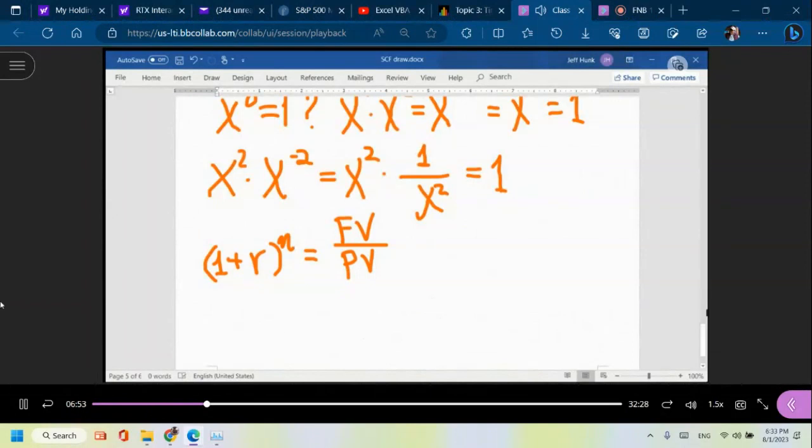Now remember, to lose this exponent, it's x raised to n. To make it 1, what do you need to do? You will need to raise it to 1 over n, taking the nth radical, which means we are going to raise it to 1 over n.